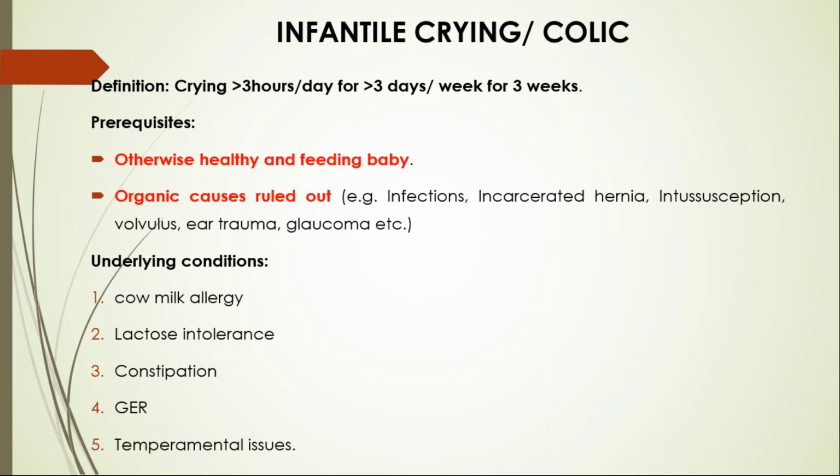So when all the organic causes have been ruled out on the history and examination, and when you have a healthy and a well-feeding baby, that is when you're probably dealing with a colic, right? So underlying conditions, there can be cow milk allergy, lactose intolerance, constipation, gastroesophageal reflux, or temperamental issues. These are the common things which are underlying when the child has a colic, infantile colic. Okay.